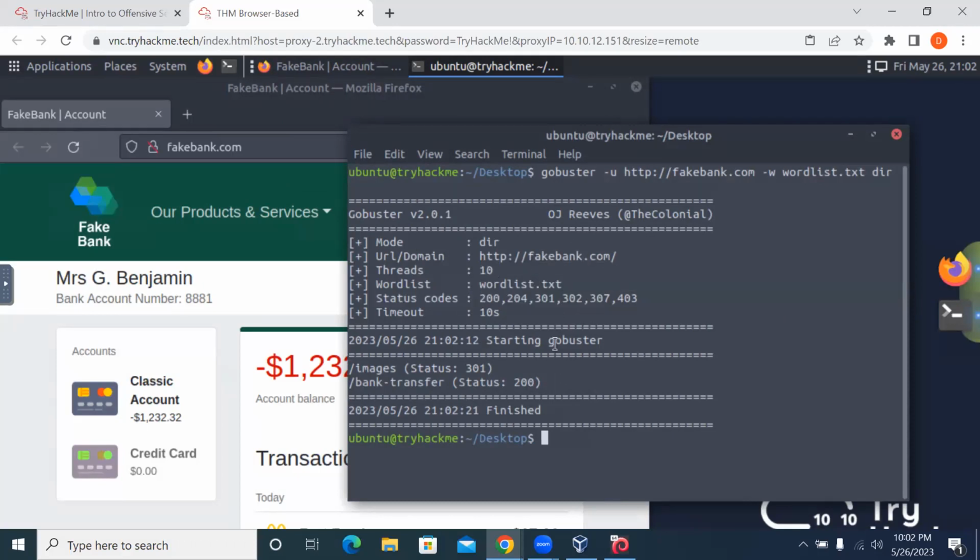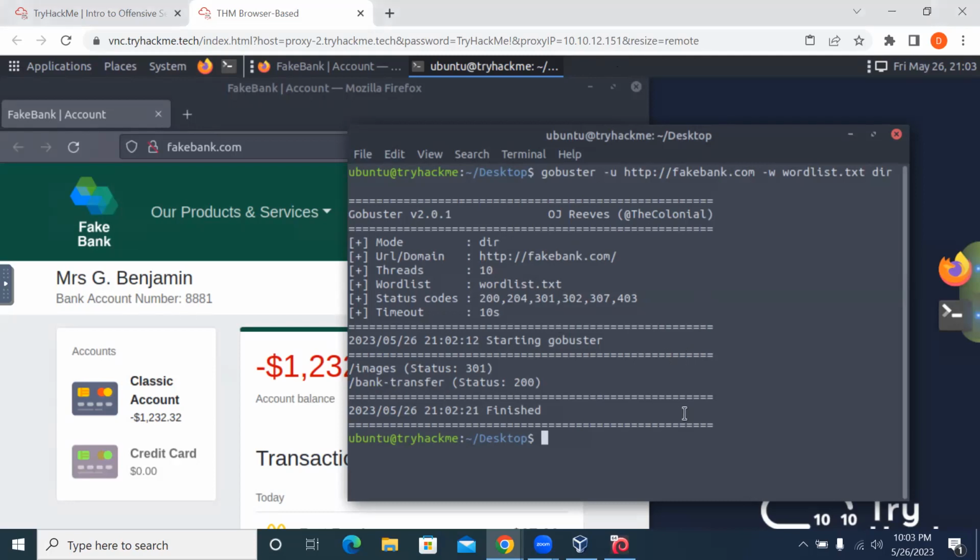So it's showing us the number of pages that we have. So for instance, an attacker that has finished scanning, where he will be targeting will not be images, right? It will be the parts that have something to do with bank transfer because that is where he is interested.